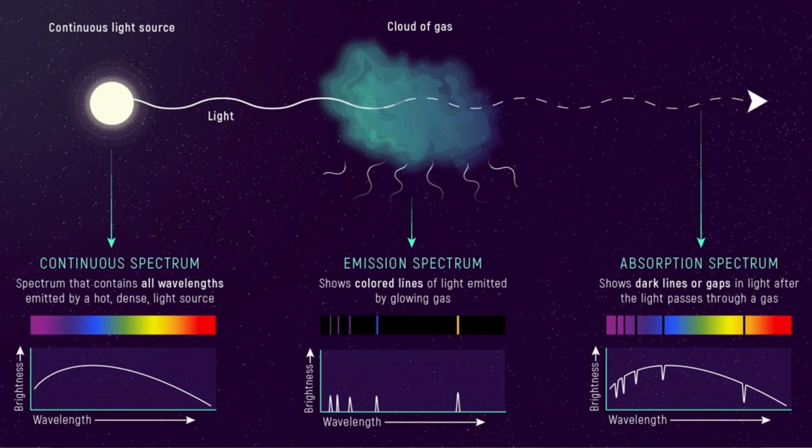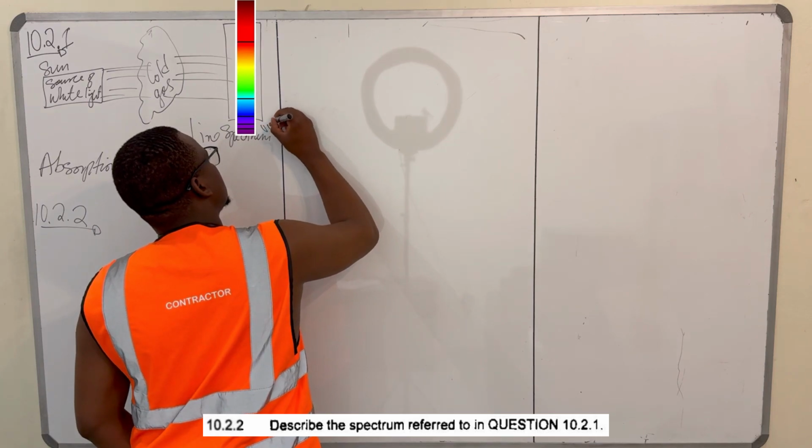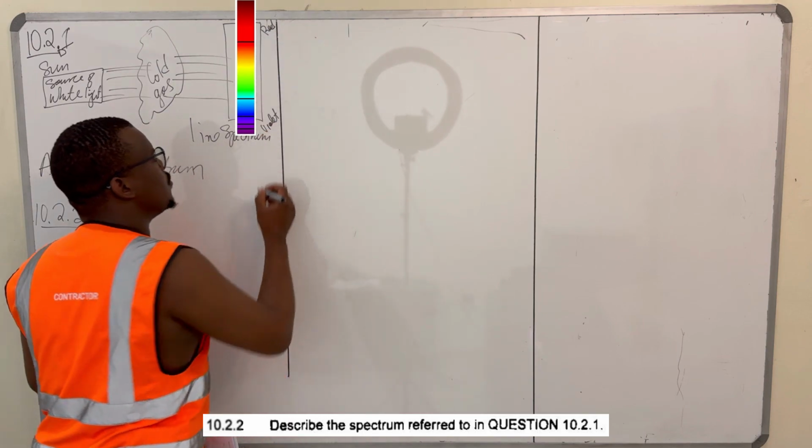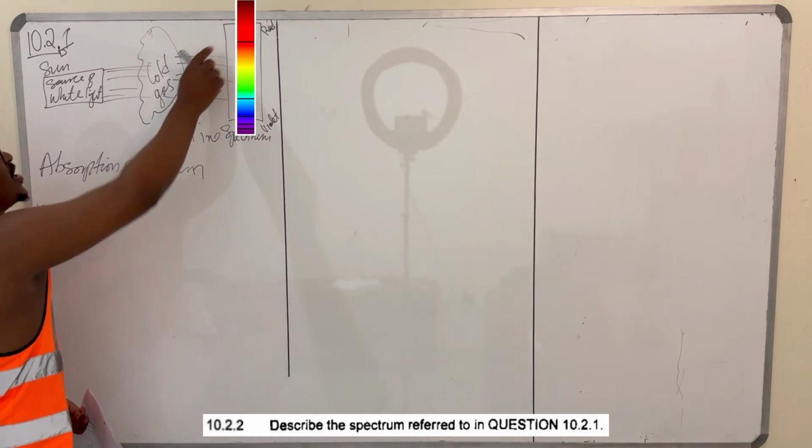So you can have a continuous spectrum. In this case, if it's a white light, you have your full complete range of wavelengths from your violet to red, which is from your shortest wavelength to your longest wavelength.